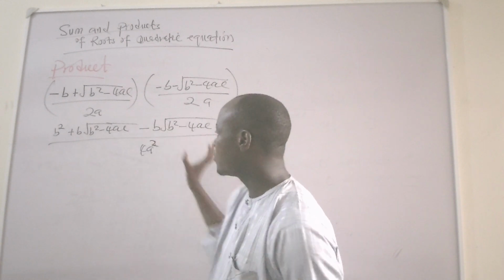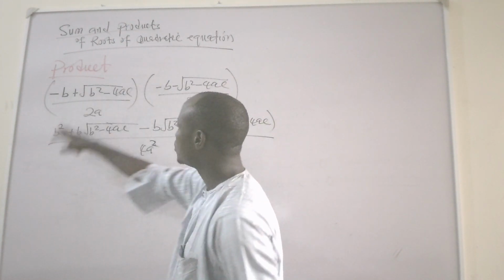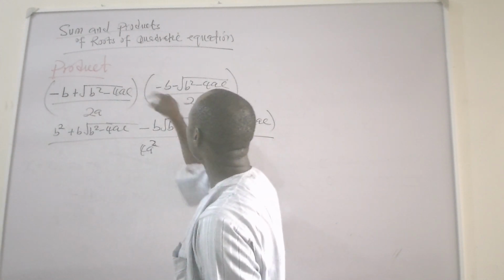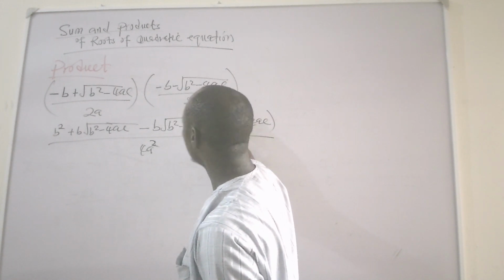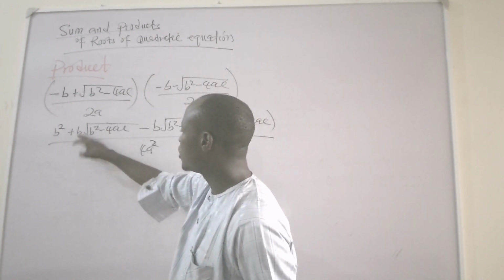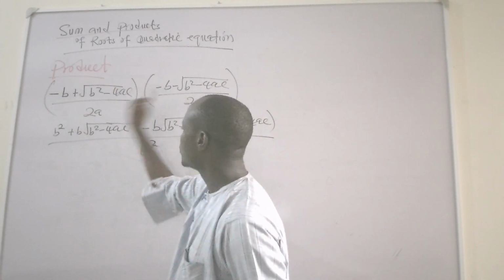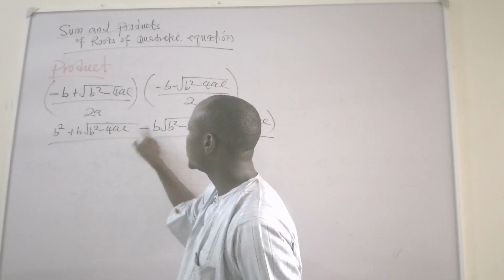After we have this, minus b times minus b is going to be b squared, and minus b times minus square root of b squared minus 4ac gives us plus b square root of b squared minus 4ac, because minus times minus is plus.